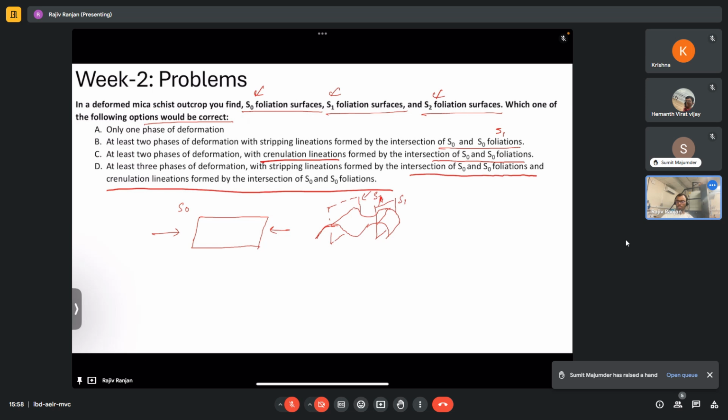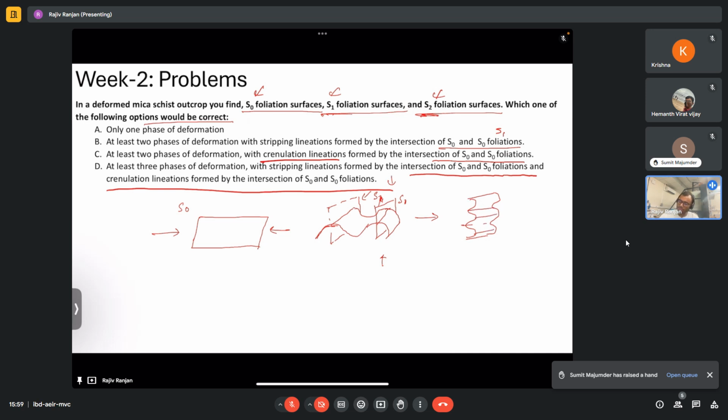If there is another deformation in this direction, what will happen? This axial planar cleavage will deform, right?